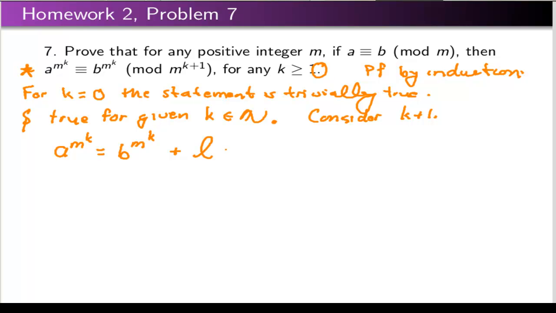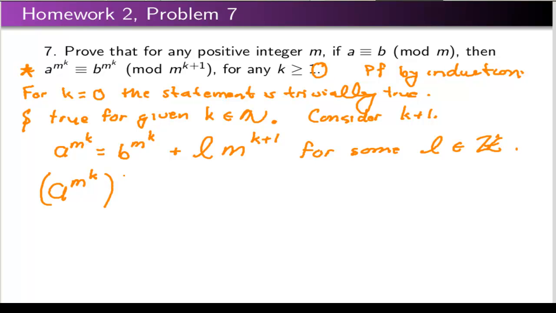L times m to the k plus 1, say, for some integer L. And now we're trying to prove this statement is true for k plus 1. Well, I want to get a k plus 1 on the m, so I just raise both sides to the mth power, right? Let's see what that does.